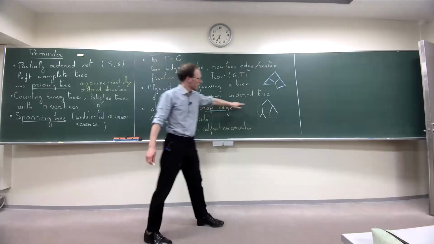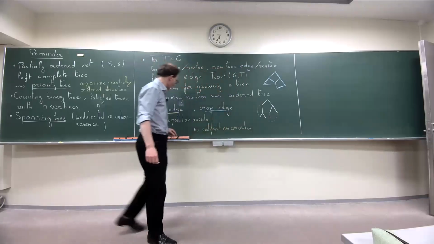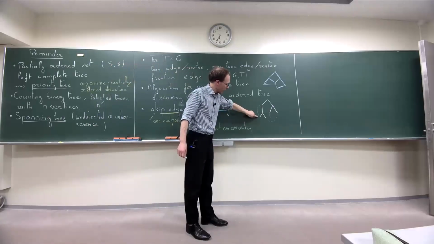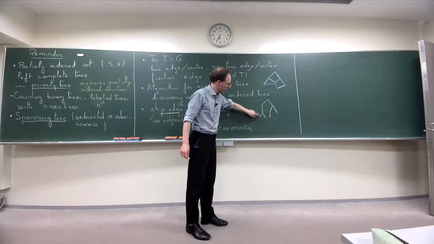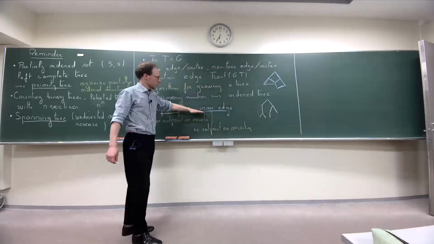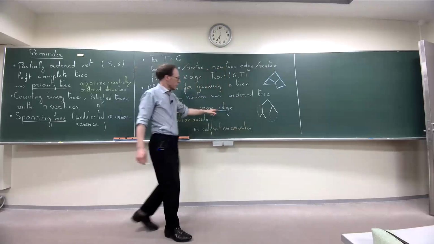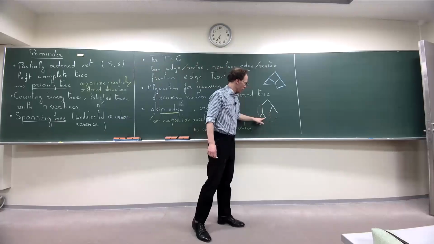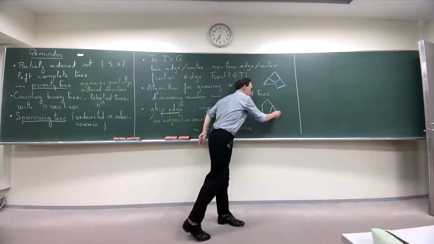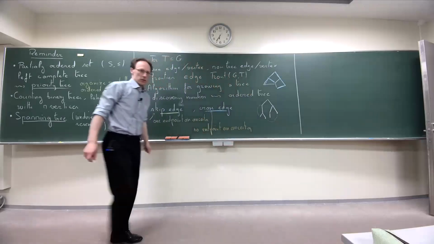The yellow one is a skip edge. What it means is that this edge has one endpoint which is an ancestor of the other one. So this one is the ancestor of this one. And the second kind of edge is cross edge. It's called cross edge because neither this point nor this point is an ancestor of the other one.